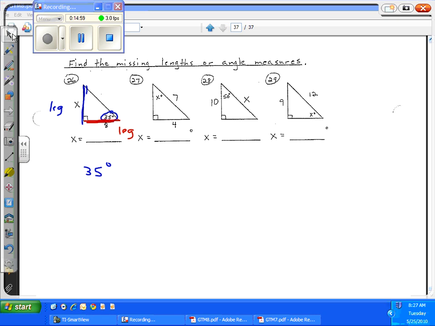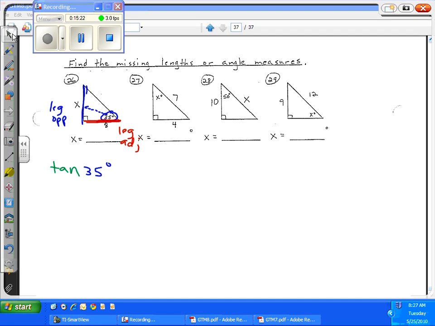The 8 is a leg that makes the angle, and so it's the leg adjacent to the angle. The x is opposite the angle, and so it's the leg opposite. So we think what ratio has leg opposite, leg adjacent, and that ratio is the tangent ratio.